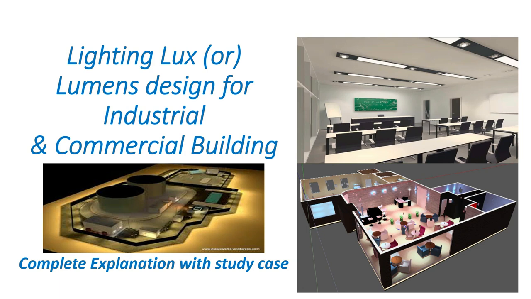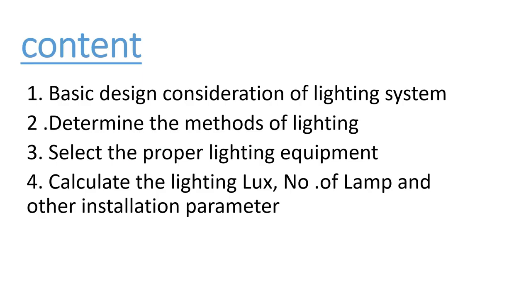In this video we will see how we can design the required lighting level for our room, our building, even our company. Before designing lighting lux, we need to follow 4 steps. The first is the basic design consideration of the lighting system, before calculating the lighting lux level.